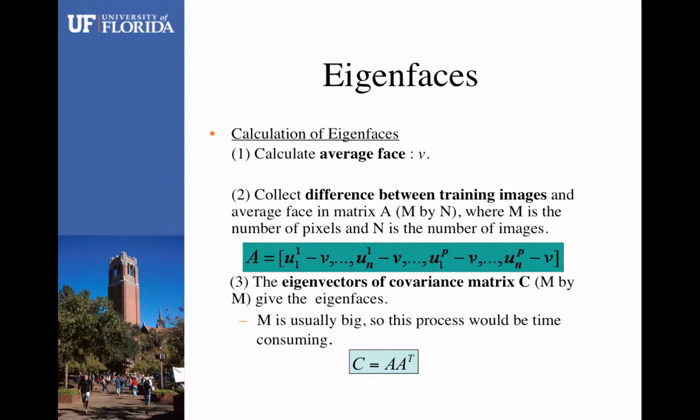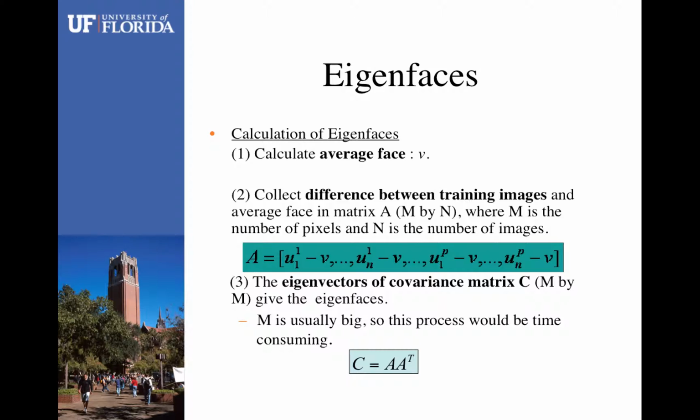Now let's see how to calculate eigenfaces. First, we have to calculate the average face, and then collect the difference between the training images and the average face in matrix A, which is m by n, where m is the number of pixels and n is the number of images.